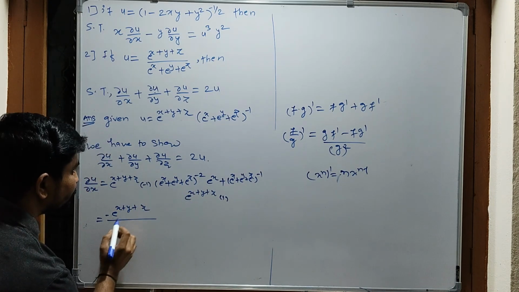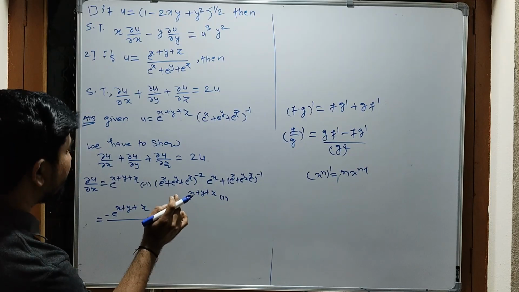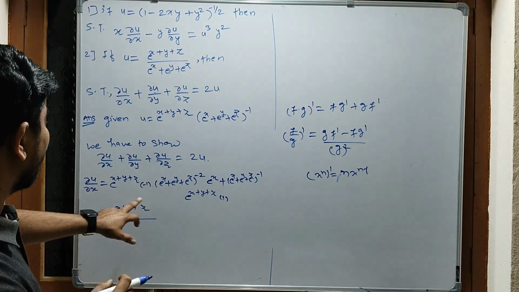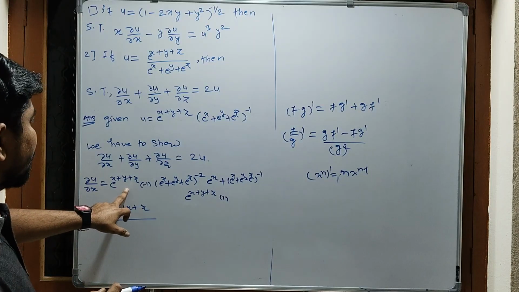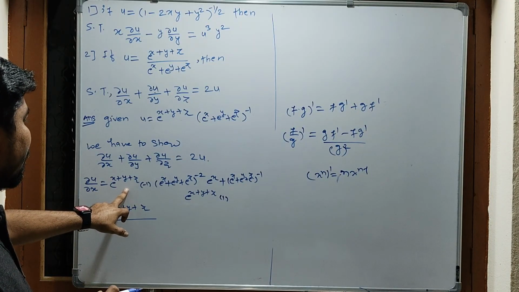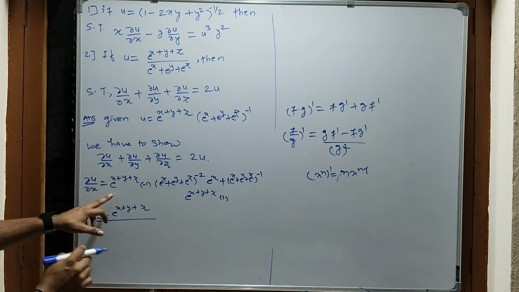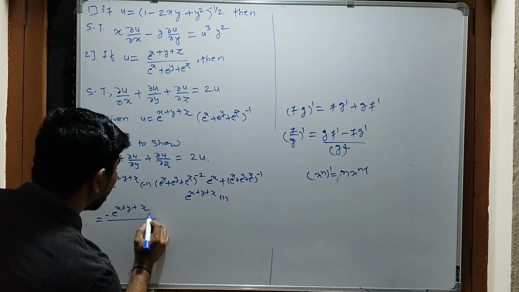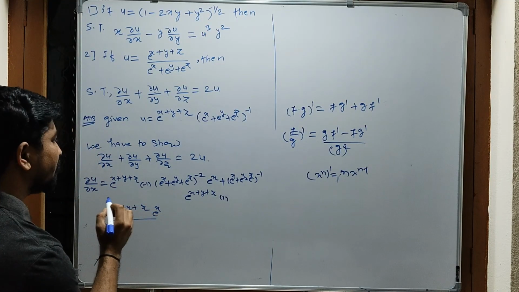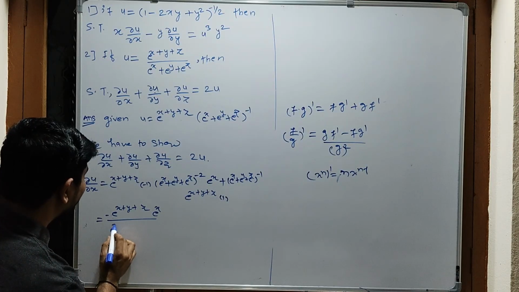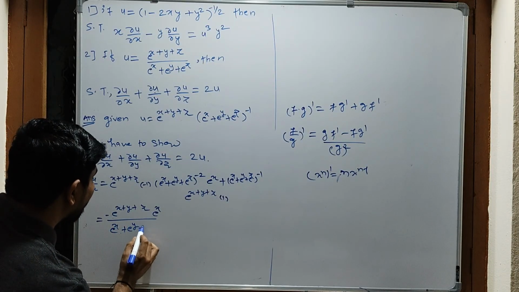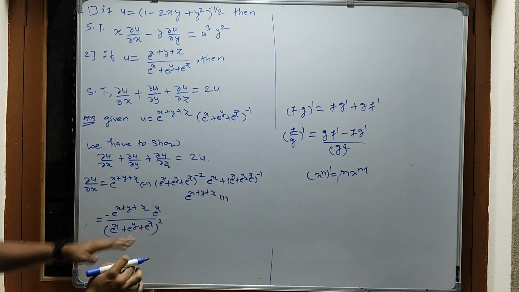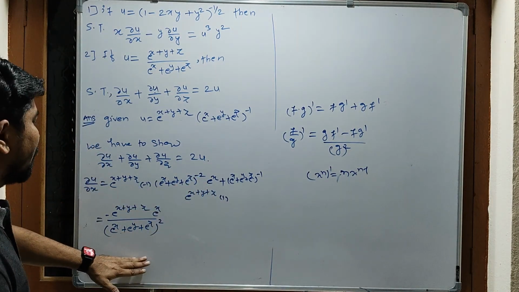So here I will write minus e^(x+y+z) divided by (e^x + e^y + e^z)^2, into e^x, where I take this in the denominator.